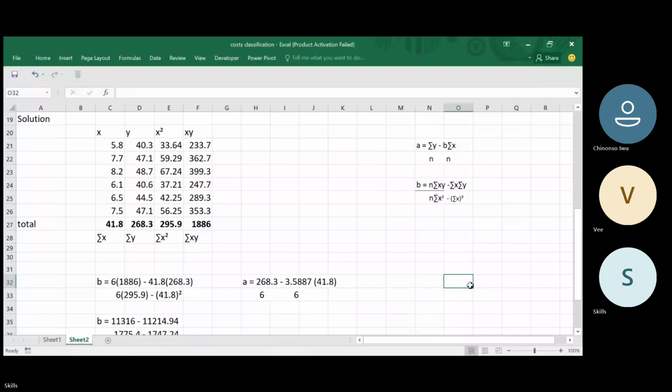So now, let's break it first. Let's have the value of A. Our A is equal to 268.3 minus 3.5887 times 41.8 times 41.8.